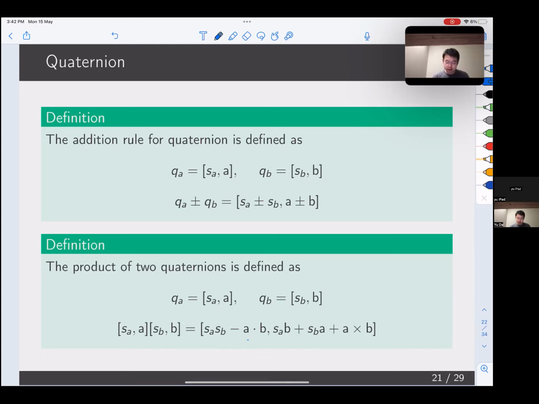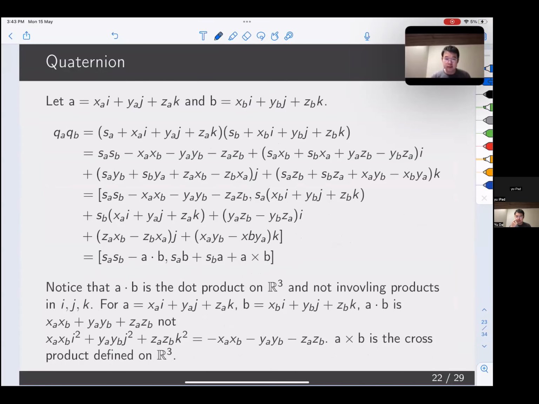There's the dot product of the vector parts, and also the cross product of the vector parts, and s_a, s_b are scalars added together with those vector parts. We can show that the product rule we stated is actually valid by expanding all the bases and collecting terms.